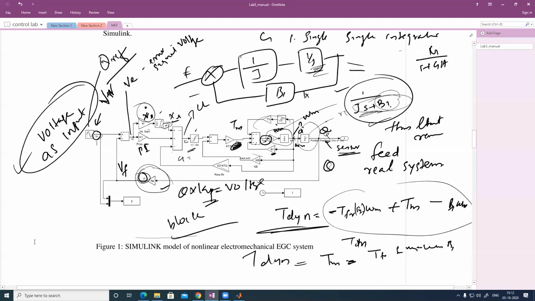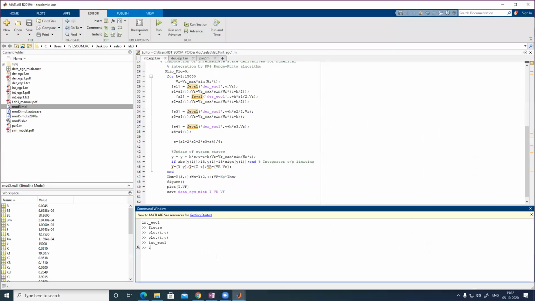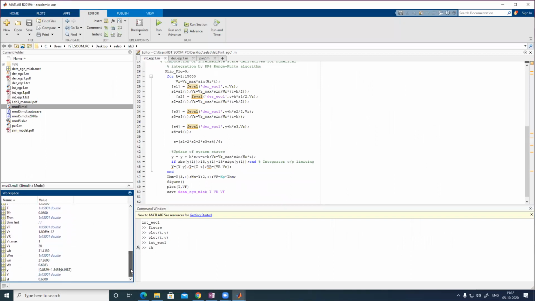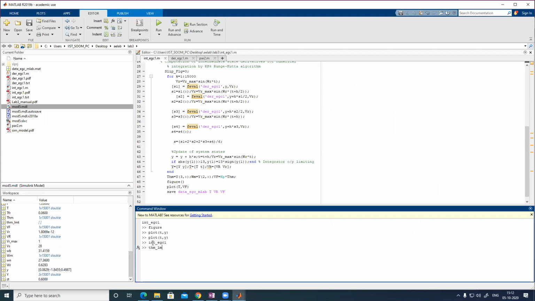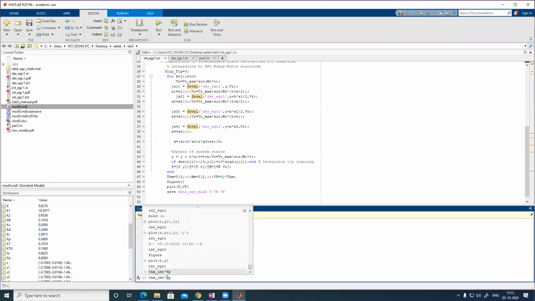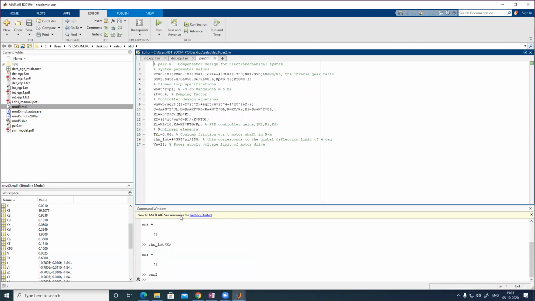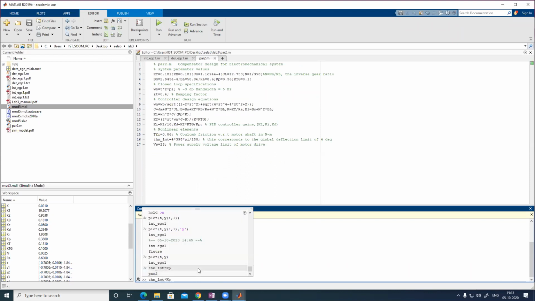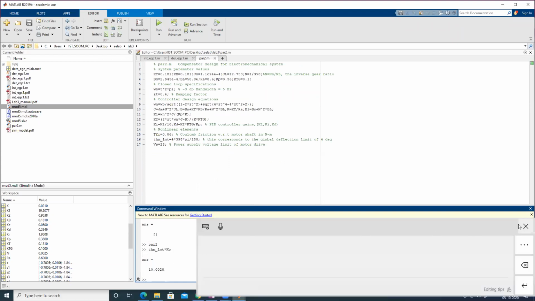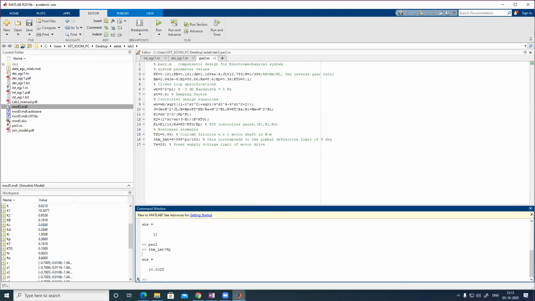Your theta m limit you know, and the Kp value you know. So the maximum theta m limit multiplied by Kp will give you the maximum voltage, theta m limit multiplied by Kp. That answer is 10.0028.